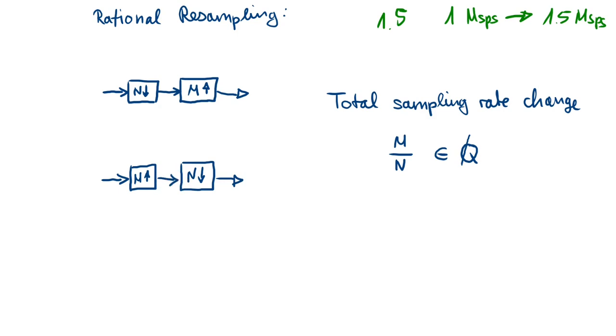So consider this example. You can achieve this by setting m to 3 and n to 2. So here you have 1 megasample, and here you have only 0.5 megasamples to get 1.5 megasamples here. But if you apply the same here, then you have 3 megasamples in the intermediate stage before you can decimate it to 1.5 megasamples.